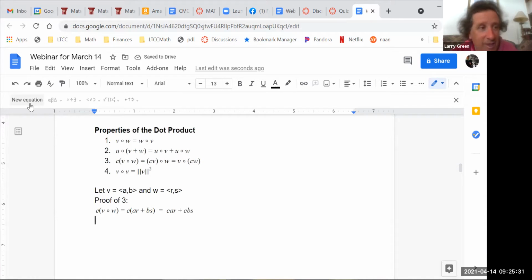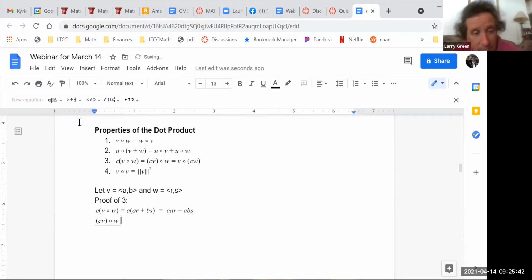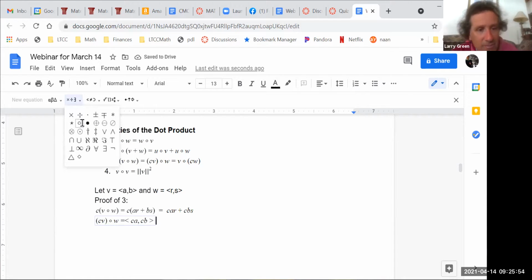Well, now let's do the next one. And the idea is I better get the same thing. So let's do cv dotted with w. Well, that's cv, which is going to be ca comma cb, dotted with w, which is r comma s.